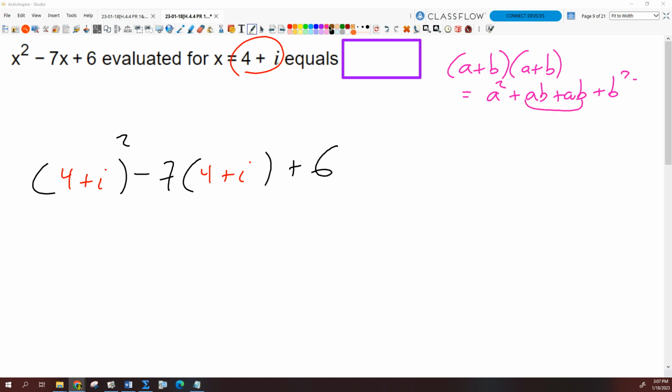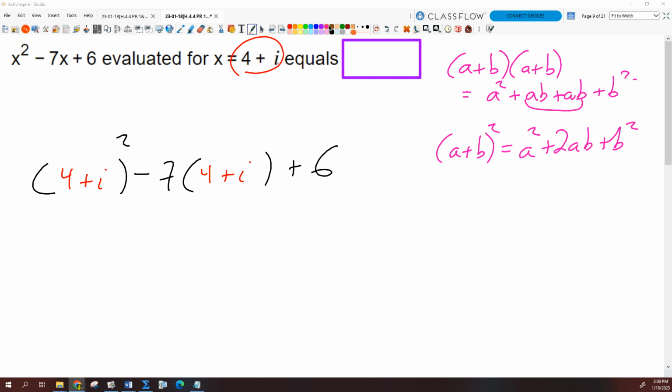Well, those are like terms. ab plus ab is just 2ab, right? So we get this cool expansion pattern, the binomial expansion pattern for a quadratic. So (a plus b) squared always just equals a squared plus 2ab plus b squared. In other words, if I square a sum of two terms, I get the first term squared plus 2 times the product of both terms plus the second term squared every time.